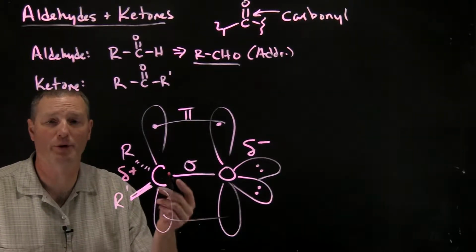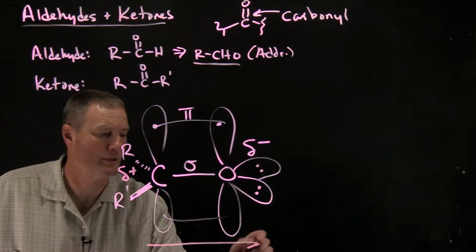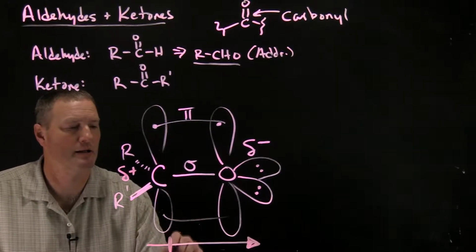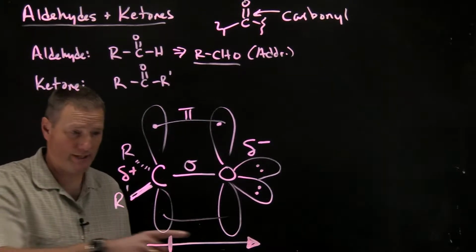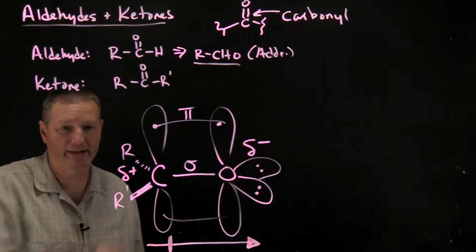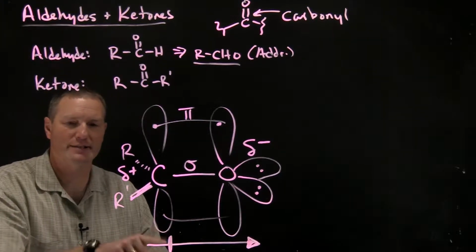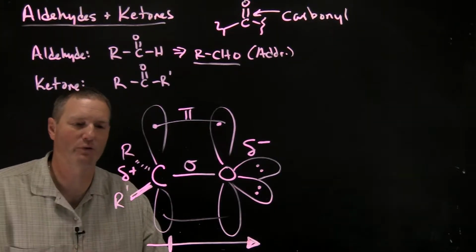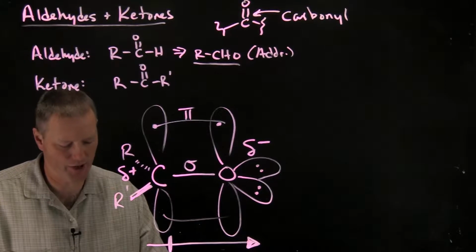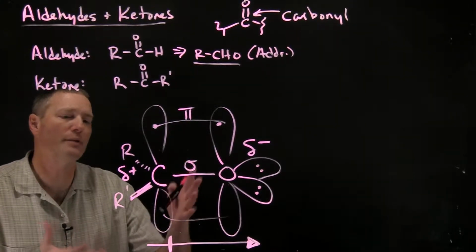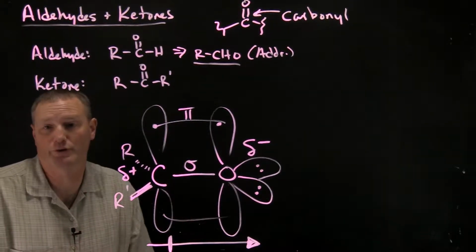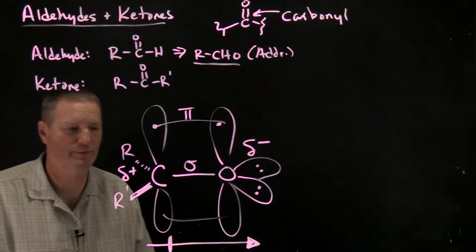So we can now draw a polarity arrow that points towards the negatively charged part of the carbonyl, and we have this little crosshash, which looks kind of like a positive charge, residing over the carbon that's partially plus charged. So carbonyls are polar functional groups. Aldehydes and ketones, they're polar.